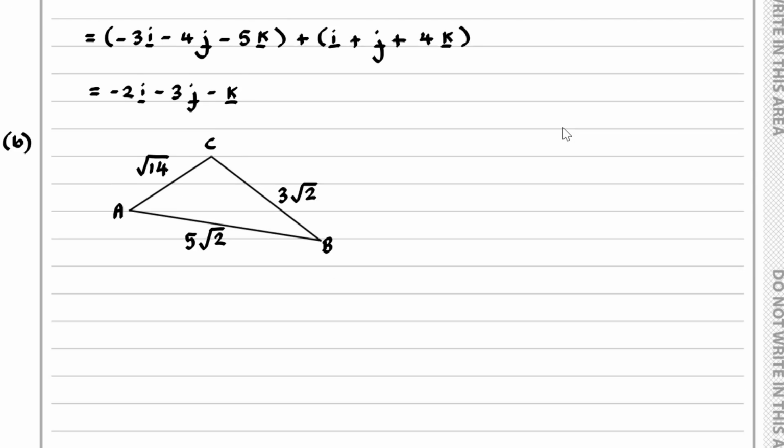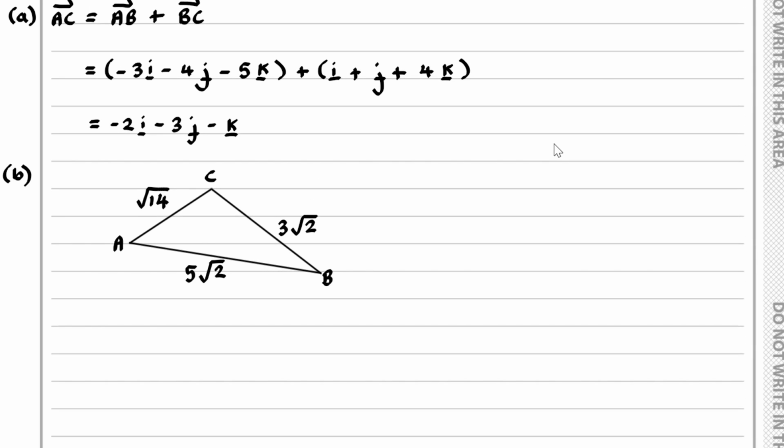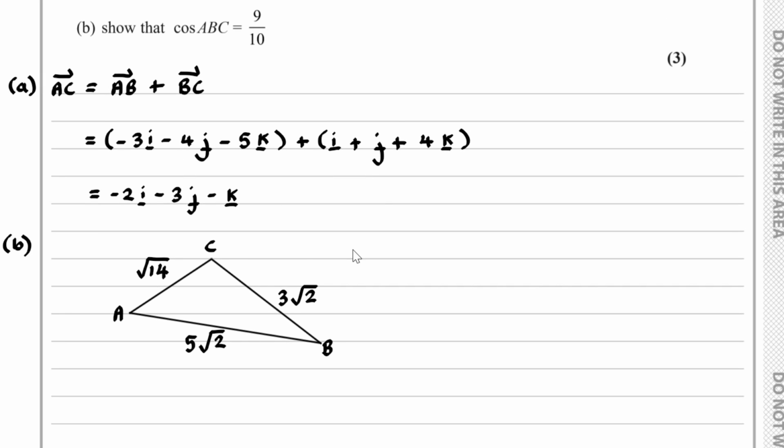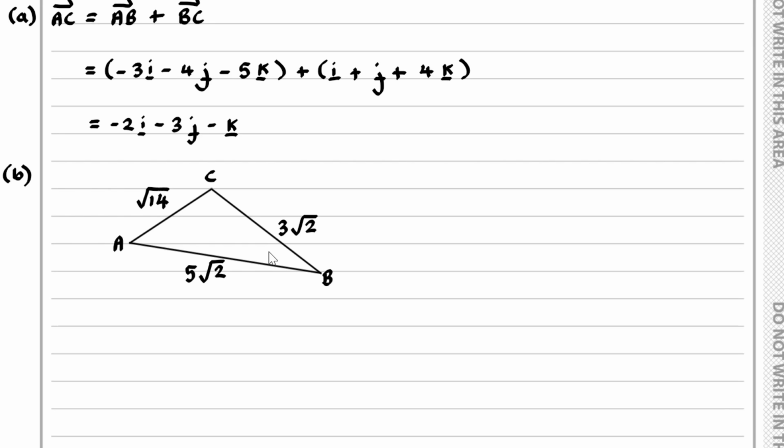If we now use the cosine rule, the required angle is the angle ABC. That's this angle here.